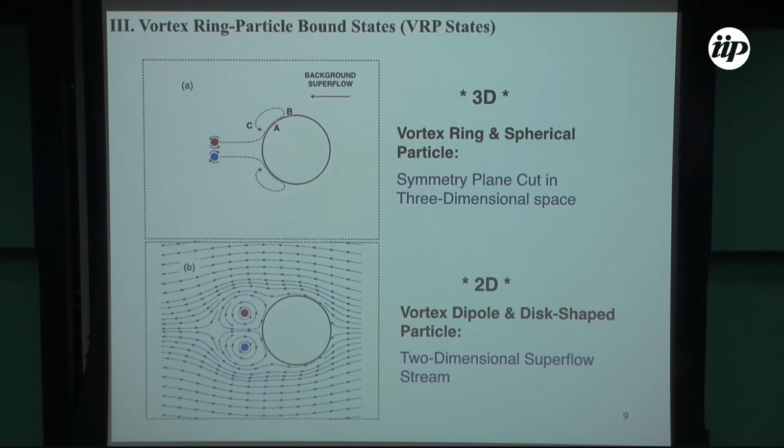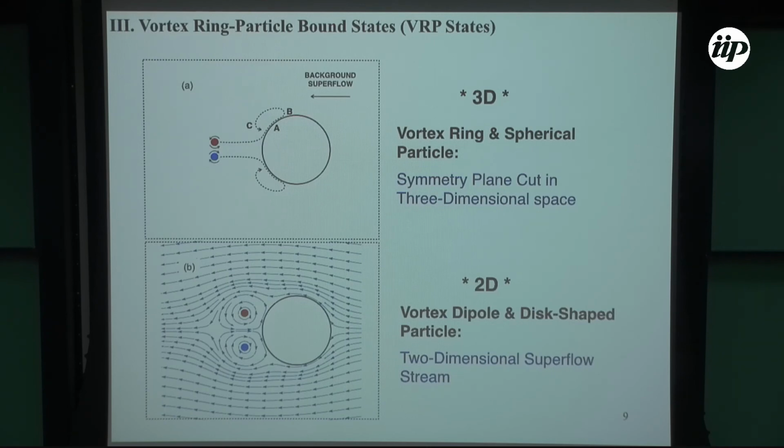It will be advected to these upper regions here, or downwards, okay, if you look at the symmetry on the other side here. But at B, the background superflow is even more intense. Okay, we know that the superfluid velocity is stronger close to the particle.